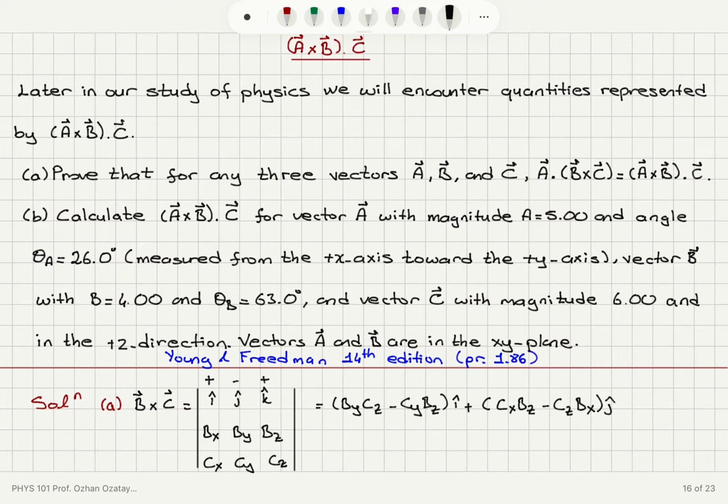I have already operated the minus sign. And for the k hat component, we cross the first row and the third column, so we obtain BxCy minus CxBy, plus BxCy minus CxBy in k hat.